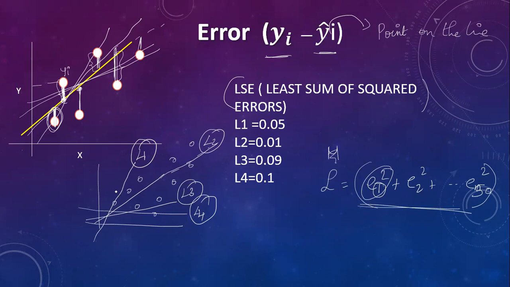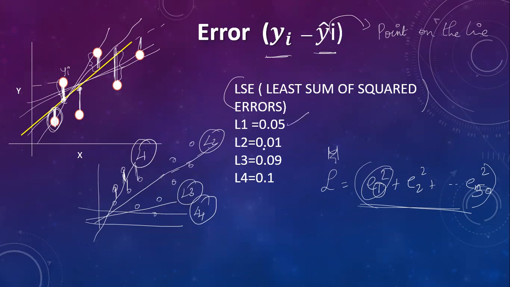If I have a line like this, you have to use this formula, yi minus yi cap: the point minus the line. These distances you have to find for each line. For L1, suppose it's 0.05.